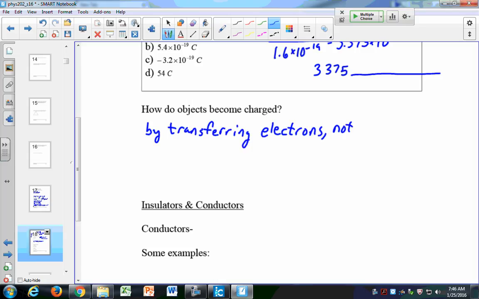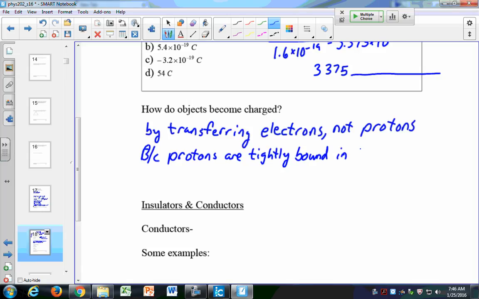Typically, this is the case, because protons are tightly bound in the nucleus. They just don't move around very easily. It's hard for you to take a proton and move it around.